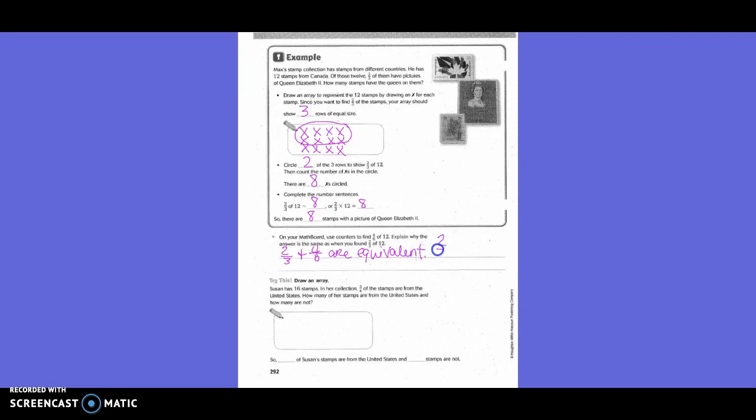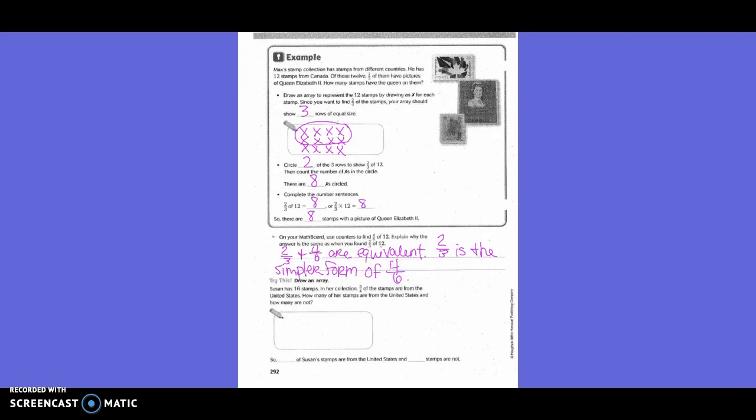And you guys said 2/3 is the simpler form of 4/6.